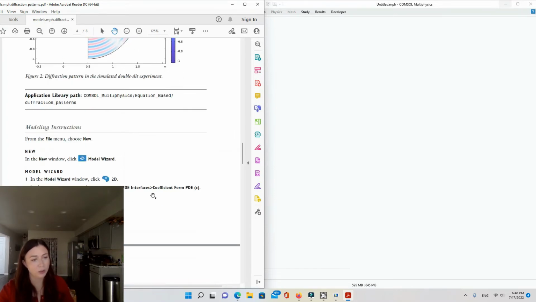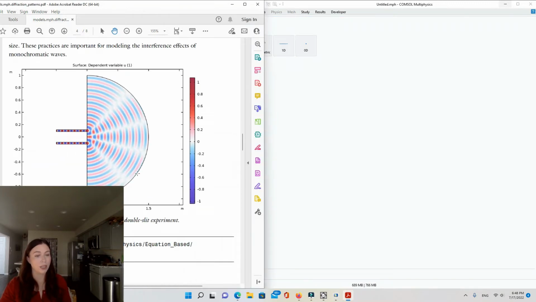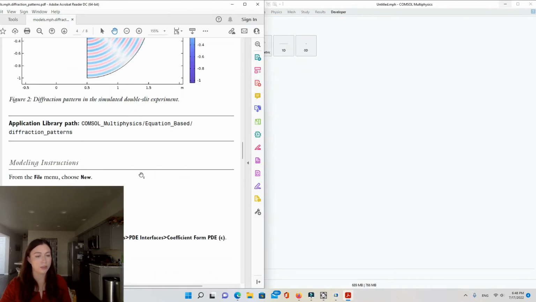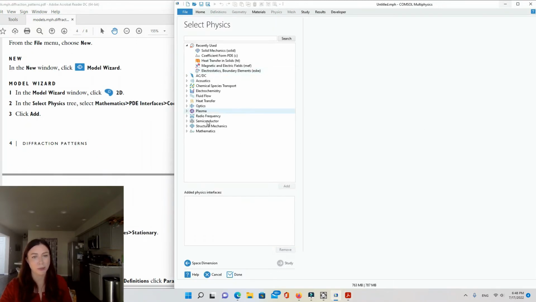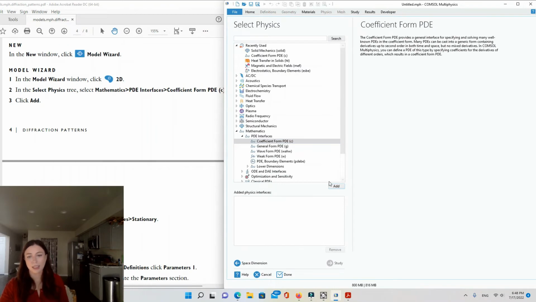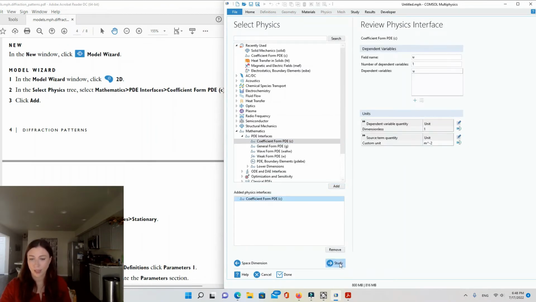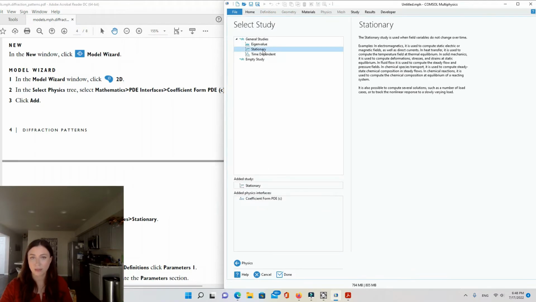Alright, so let's start with our model wizard. Model wizard, 2D model, and this is going to be a mathematical study, not a physics study. So we're going to mathematics, PDE interfaces, add and study, and then we're going to do a stationary study.